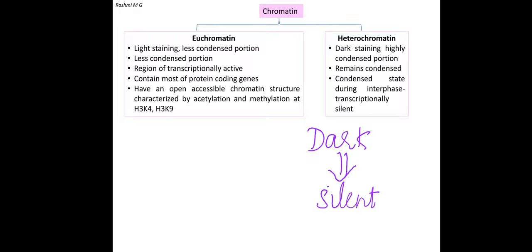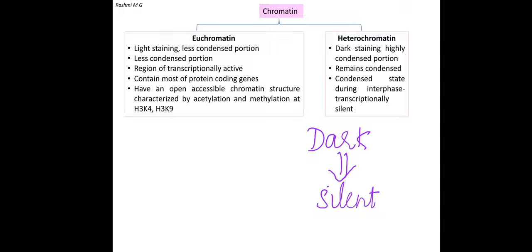You will be learning about that shortly. Constitutive and facultative are distinguished based on the condensation state. For a particular time, the heterochromatin will become lightly stained, or it is converted to euchromatin structure. Okay, that will be learned shortly.